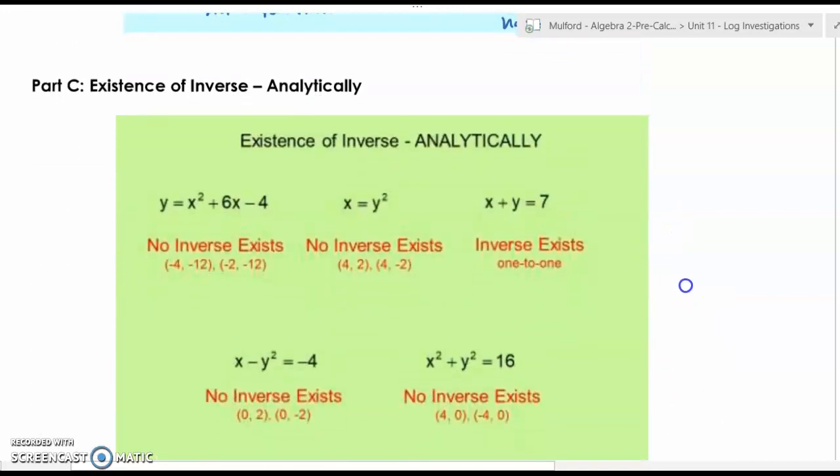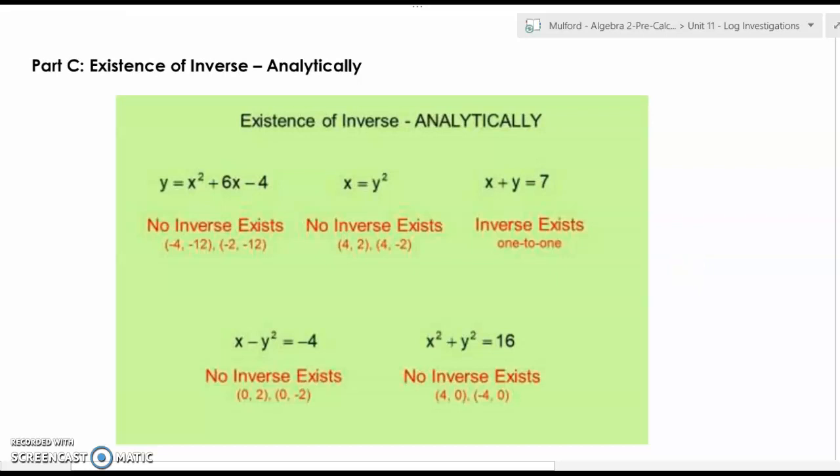And then analytically, we're looking at equations. And here's the other thing we're looking for. If we have anything quadratic, cubic, quartic, anything with a degree higher than 1, it will generally not have an inverse. They could be functions. All these things listed here potentially could be functions.